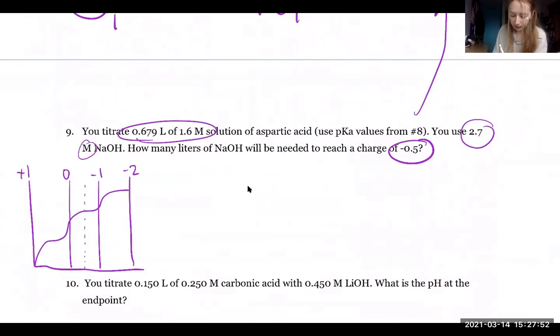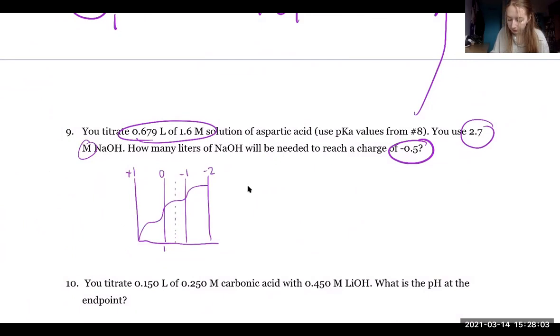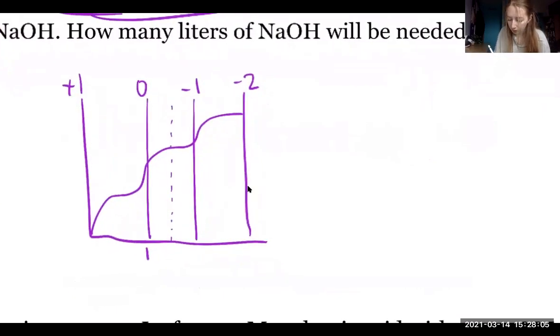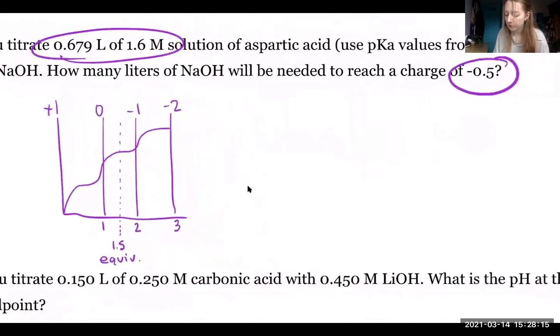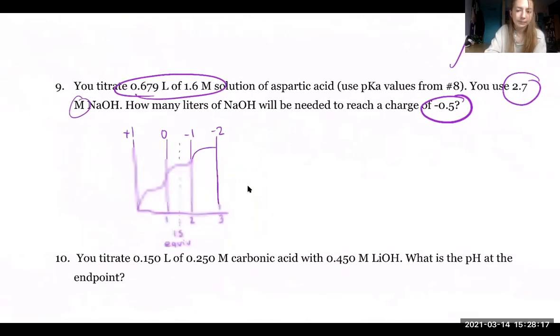We recognize we need not 1, but 1.5 equivalences, right? I'll label the equivalences here. But here is 1.5 equivalences, okay? So we know we need 1.5 equivalences of base, okay.